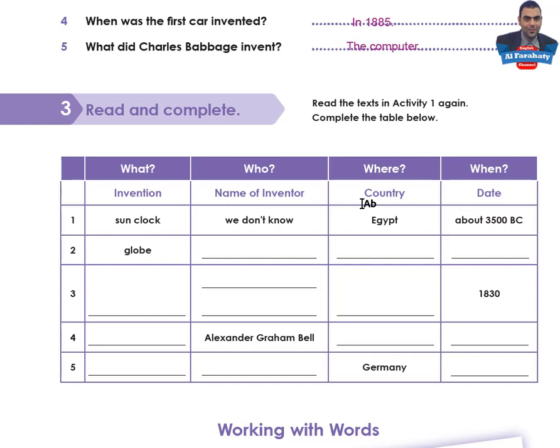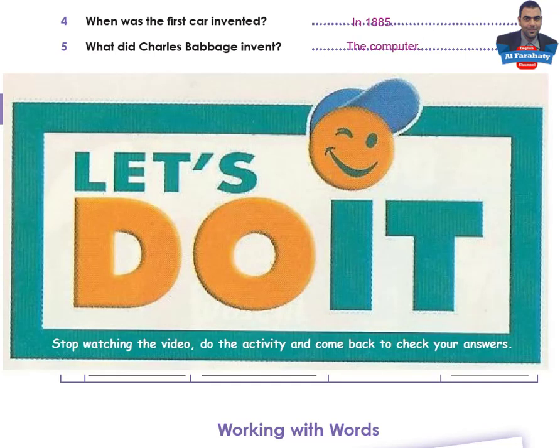And here, write the country. And here you are asked to write the date. Okay? Try to complete the table using information from the texts in activity 1 on page 32. Take your time to complete the table, then come back to check your answers.